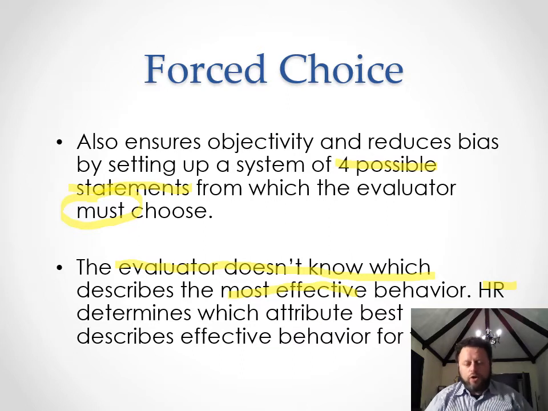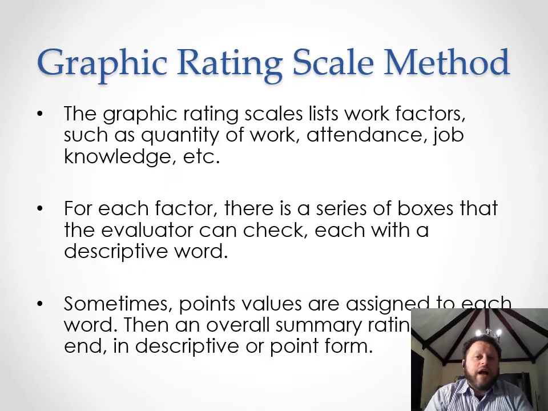A questionnaire, the number 1 most common form of evaluation, is the graphic rating scale method. That's by far the most common. And this is quantitative. It's exactly what we think of usually as an evaluation. It's a list, and it has all kinds of factors, like your attendance, your job knowledge, the quantity of work you did, and for every factor, there are boxes, like 1, 2, 3, 4, 5, so there are these point values.